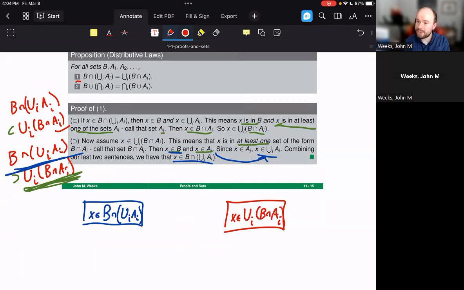So typically my way of trying to prove these problems is to start by saying, what does it mean for x to be inside of here? I might even start working from the end and start trying to unpack this part of the definition.